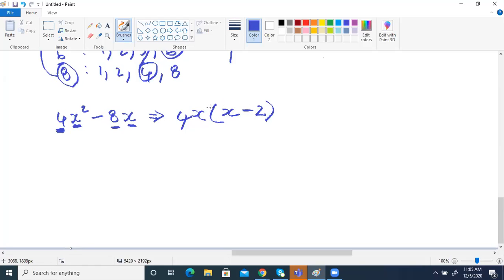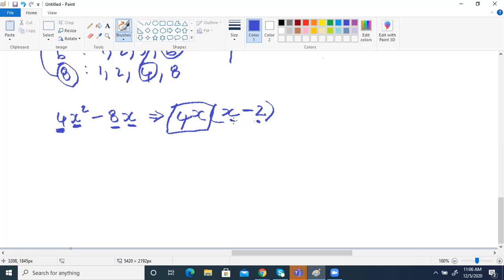Yeah, simple as that. Sometimes it's difficult. Some persons find it difficult to come up with these numbers. And all I would say is that if you're not spotting it so fast, then you can say, all right, I'm looking at 4 and 8, I know 4 is the highest common factor, and between x squared and x, I know x is the highest common factor.